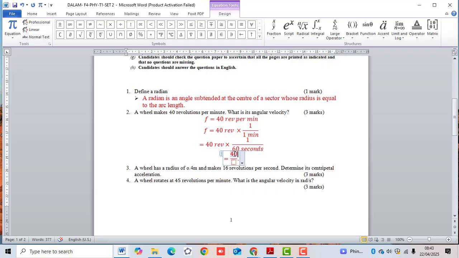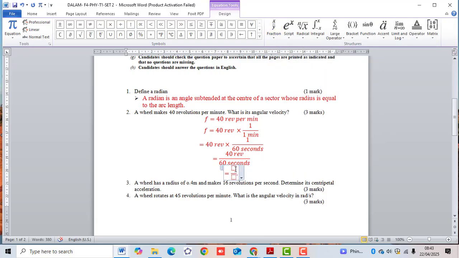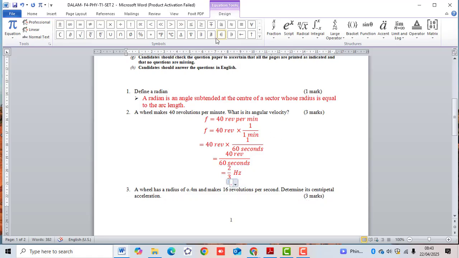So this one will be 40 revolution, and the denominator, the same as over 1, will be 60 seconds. This will reduce further to 2 over 3. Now it will be revolution per second, and revolution per second is the same as hertz, which is our frequency.